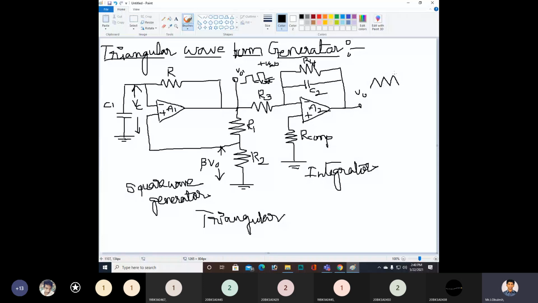Now plus V ramp, minus V ramp. First you need to draw the square wave.